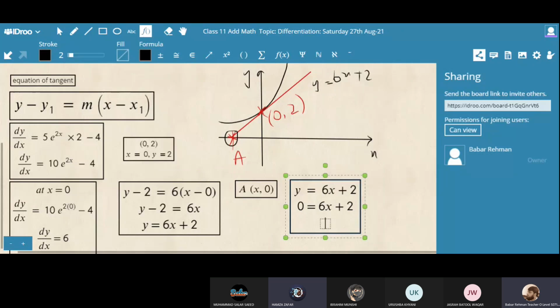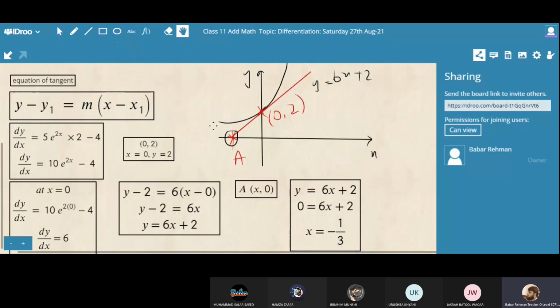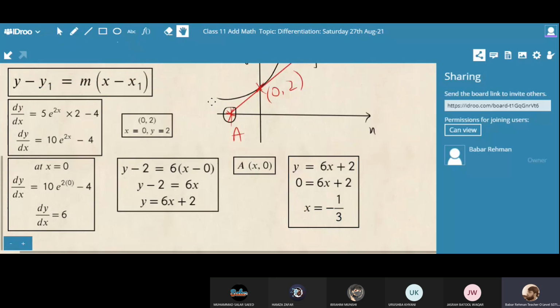Minus 1 upon 3. So please write your answer. And now I'm giving you another question. So minus 1 upon 3. So now what is our answer basically?